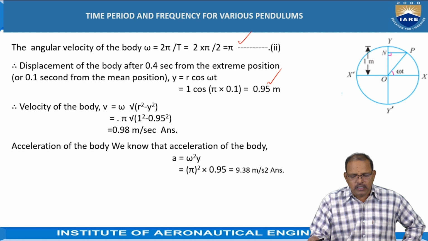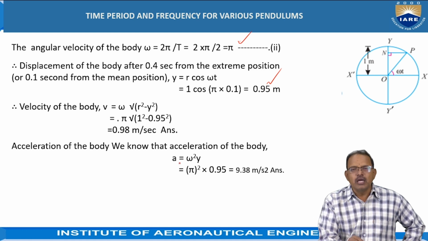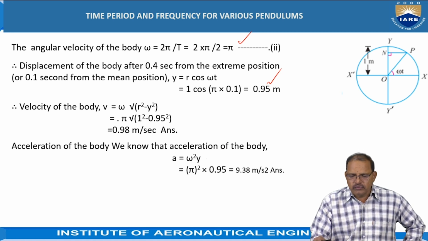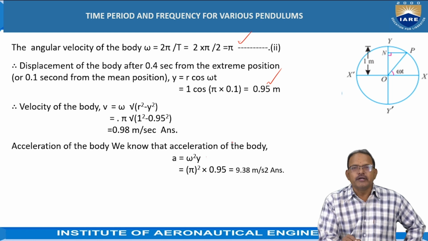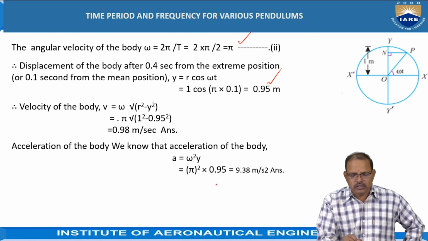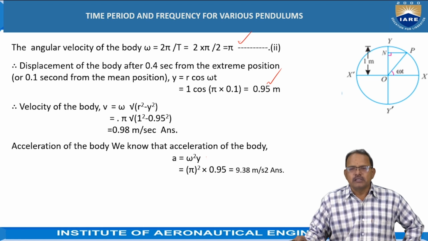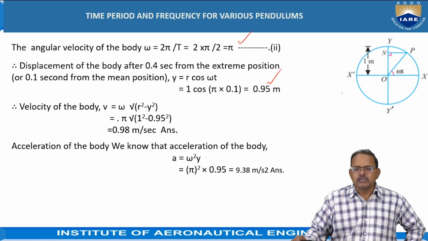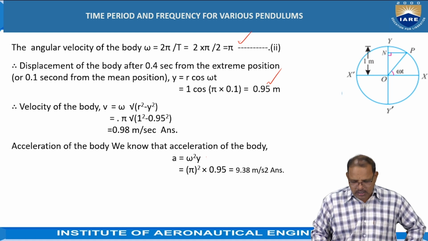The acceleration of the body is a = omega square y, where omega is the angular velocity with which the body is moving, and y is the position of its projection on the vertical diameter. Already we determined this: pi square into 0.95 equals 9.38 meter per second square. But its direction always acts towards its equilibrium position, that is the center of the circle.